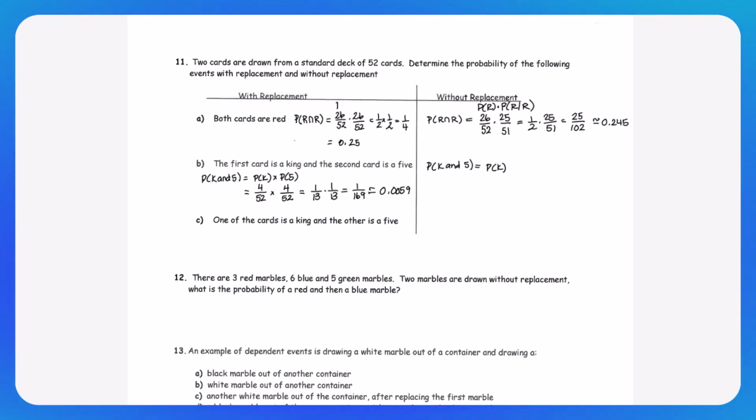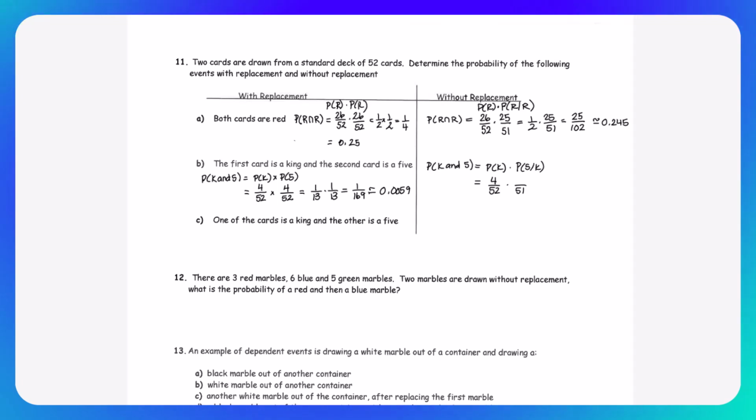There we go. Now this one here, probability of a 5 given that the king has already been chosen. Okay, the probability of the king, 4 kings in deck, doesn't change the first probability. But it does change the second one because now there are only 51 cards in the deck.